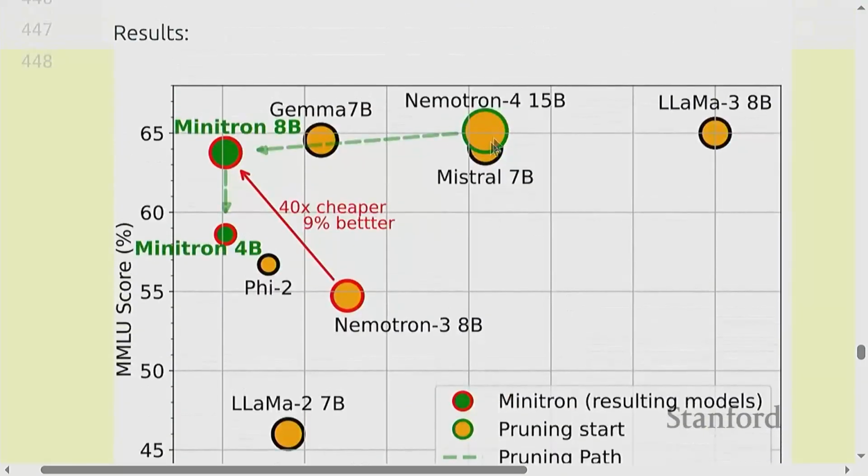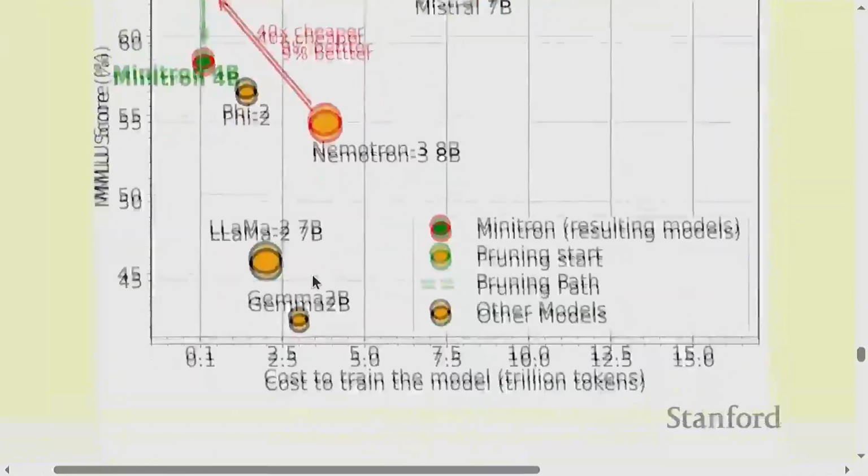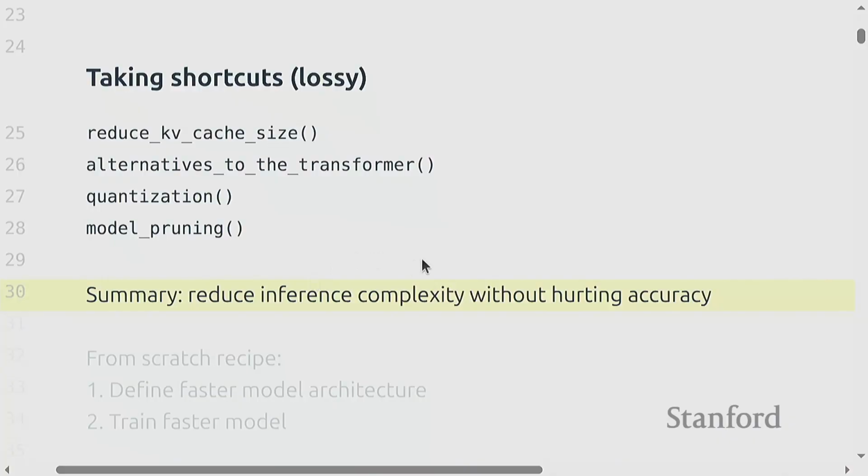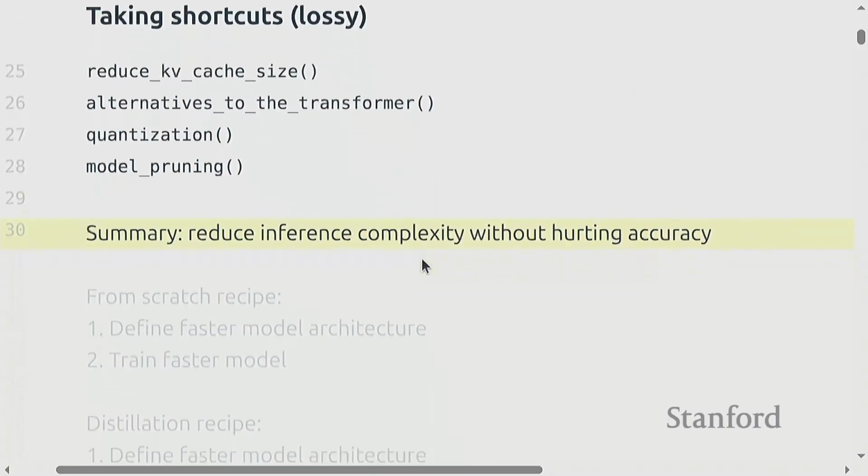So they have these 15 billion parameter models that they're able to reduce to 8B with hardly any drop, at least according to MMLU, and then down to 4B with some drop, but you are also going down quite a bit to a 4B model. Okay, so maybe to summarize this taking-shortcuts idea, you can reduce inference complexity without hurting accuracy.